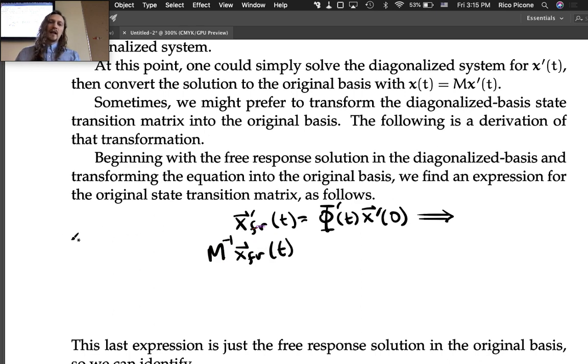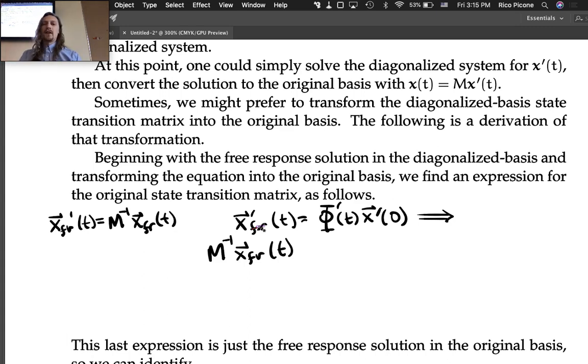So x free prime of t is equal to m inverse x free of t, which was the original basis transformation equation.